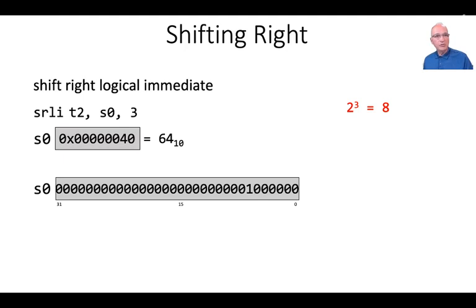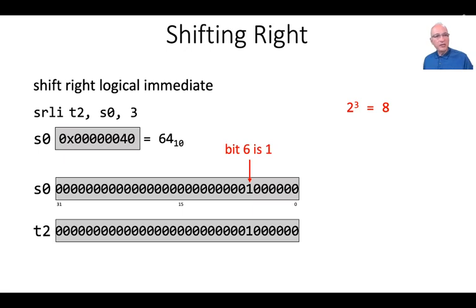The bit in the position of the 64s will be equal to 1. And I shift it right now by 3 bits, which makes the lower 3 bits disappear, and 3 bits equal to 0 are inserted on the left-hand side of the value. So now I have the bit 3 equal to 1.